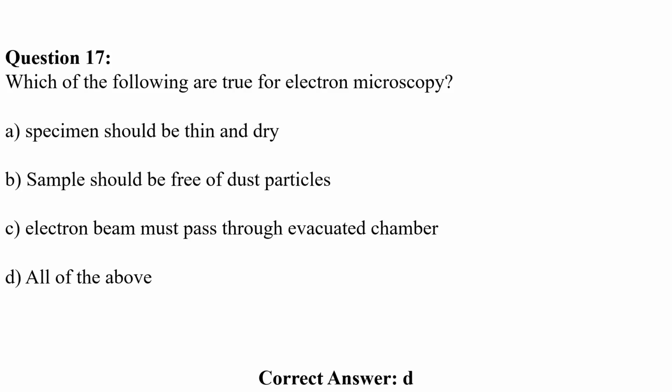I explained this previously also. It has to be free of water molecules, because if water or any solvent is present on the sample, if the sample is not completely dry, things can get outgassed into the electron chamber, the vacuum chamber where the electron beam is present, and it can diffract the electron beam.